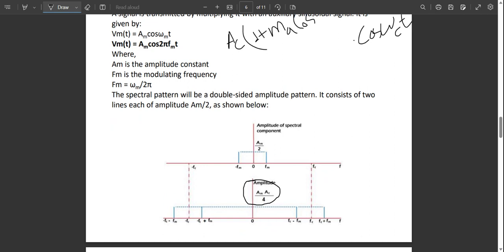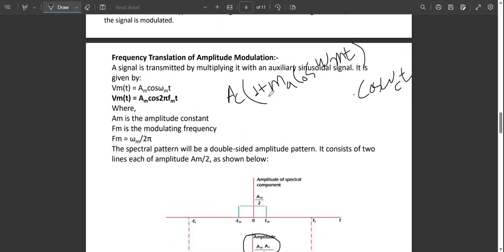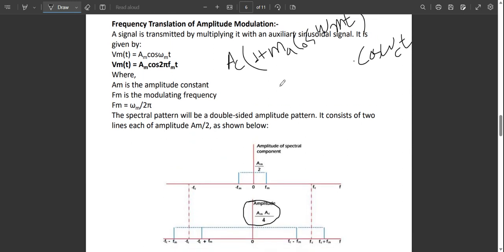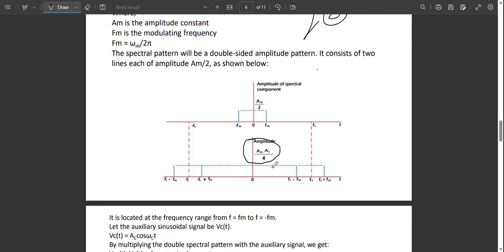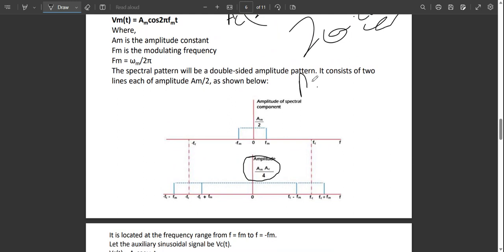When we multiply both sides, we get Ac cos omega c t, that is the carrier part of the frequency, plus Ac ma cos omega m t cos omega c t. Using the 2 cos A cos B formula, which you can remember, we will be having Ac ma by 4 into cos of (omega m plus omega c) t.